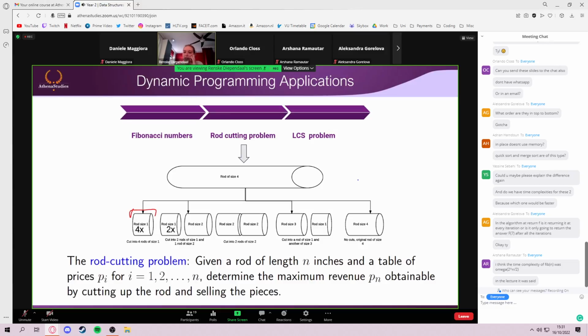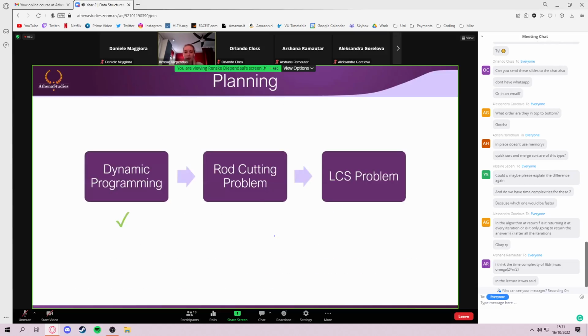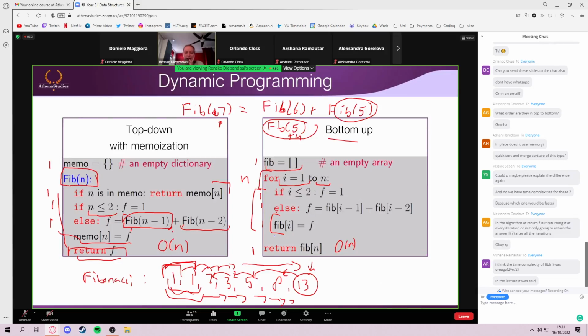Oh, as someone said in the chat, I think the time complexity of top-down was Omega of 2 to the power n and a half in the lecture it was said. That's a lot more than what I said, isn't it? All right, well, I'd say the lecture is probably correct.